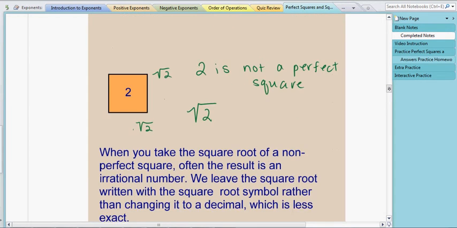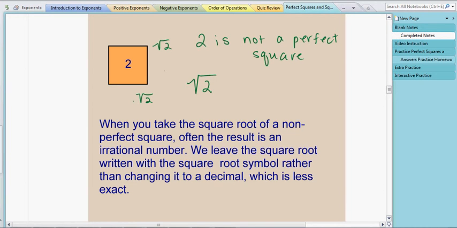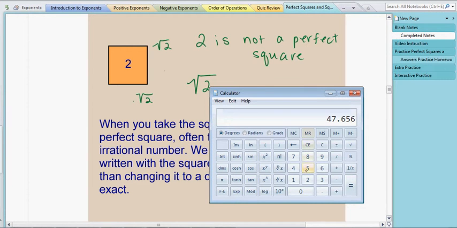We could put the square root of 2 in our calculator. So if I take the square root of 2 on my calculator, so there's my square root of 2.